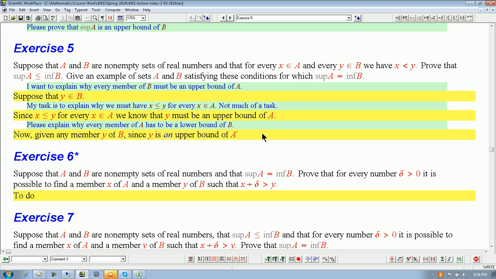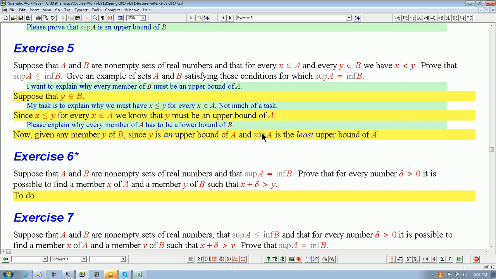Or made that observation? Yes? And sup A is not just any old upper bound of A, it's a very, very special one. Sup A is the least upper bound of A.